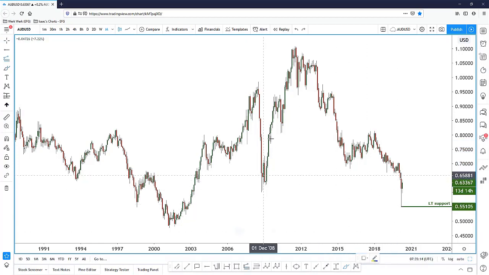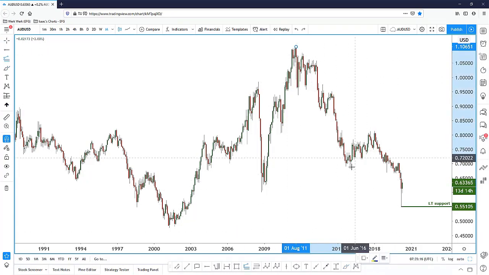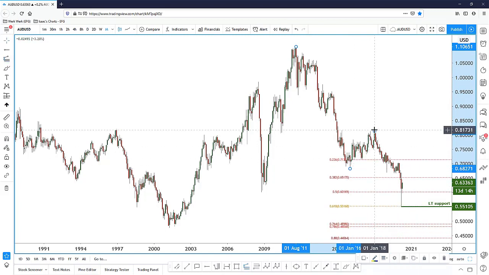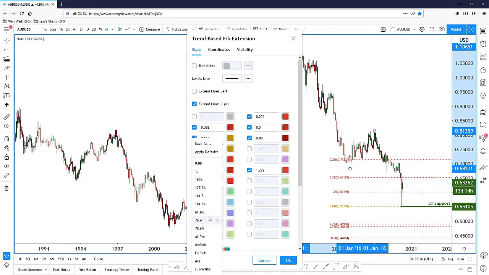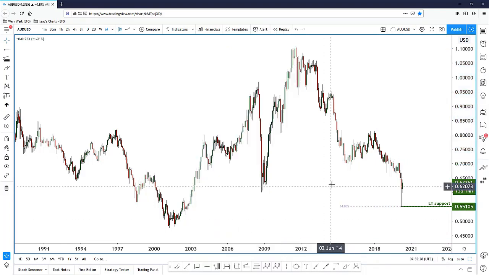So with that, let's do a Fibonacci extension from the top here to here and to here. And we see that the Fibonacci extension shows that the long-term support falls right in line with the key Fibonacci ratio of 61.8 extension. Right, so this is clearly a strong Fibonacci ratio level and graphical support level.